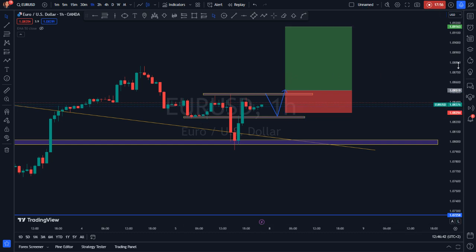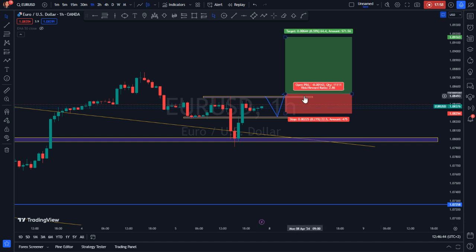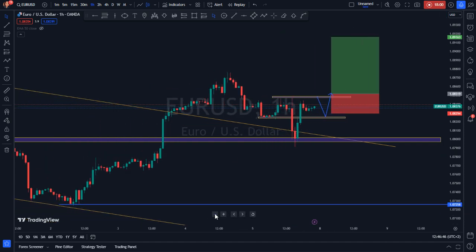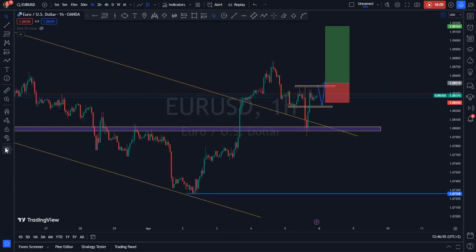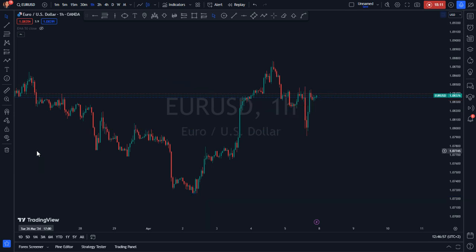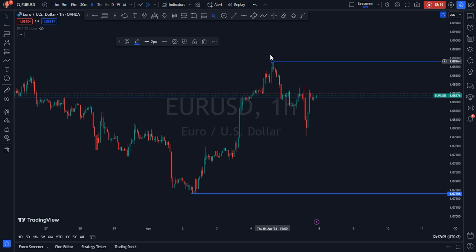So I hope you guys understand what I am trying to say to you right now. But Euro USD, I'm going with the buy. Even if you just have a look at this structure, if you concentrate on this last part of the graph, you have so many reasons to take that trade.